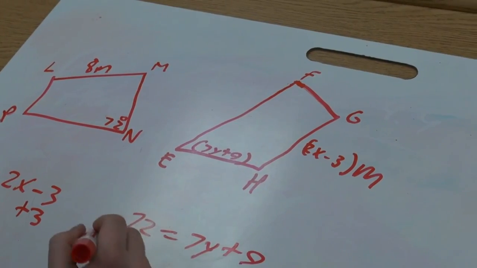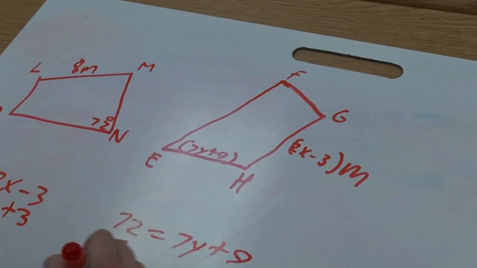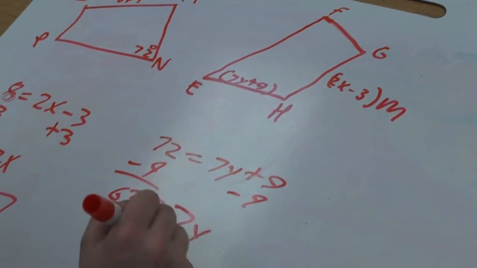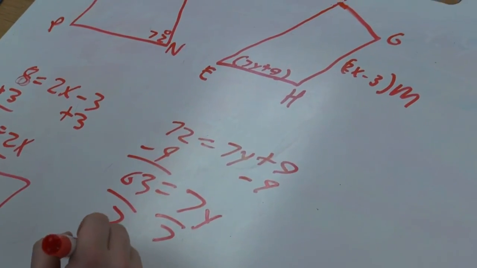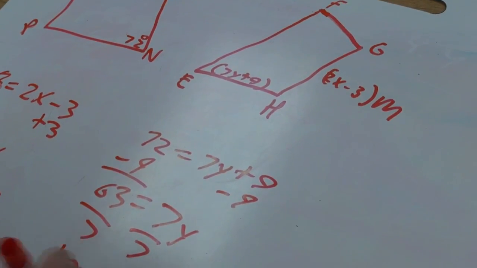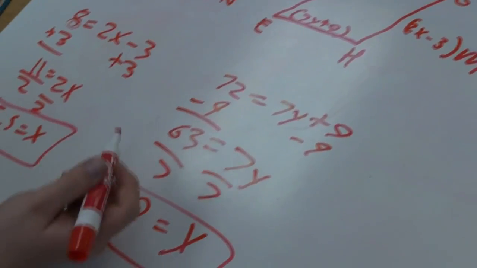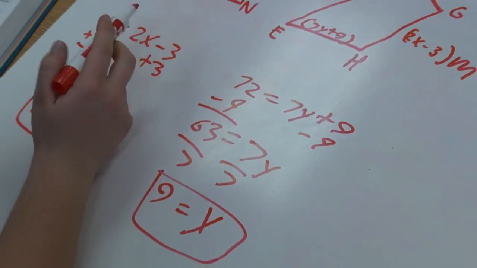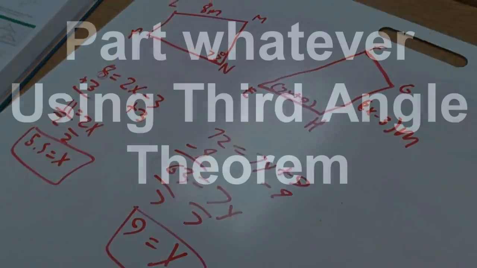Now you subtract the 9 and get 63 equals 7y. Divide by 7 to get 9 equals y. That is your x and y to find the properties of congruent figures.